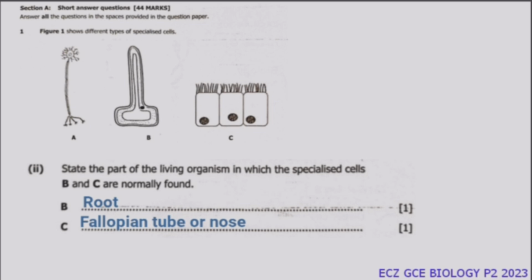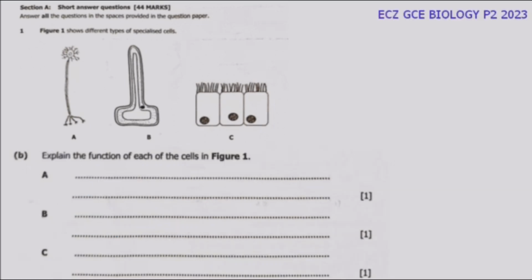Okay, now we come to question 1B. The question 1B is as follows. Explain the function of each of the cells in figure 1. So let's start with cell A, which is the motor neuron.